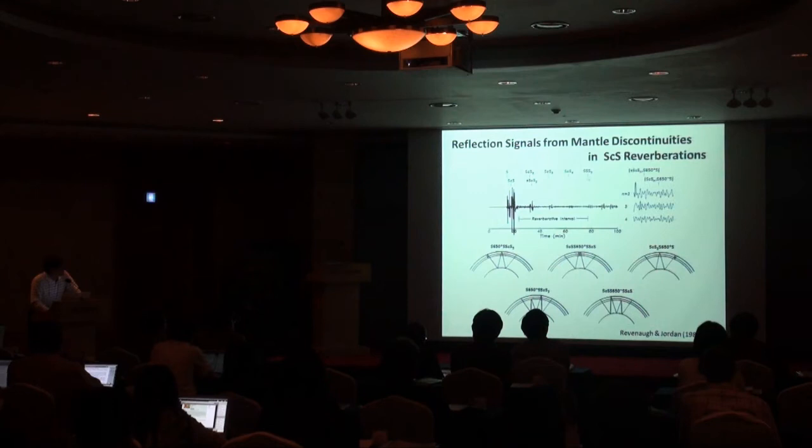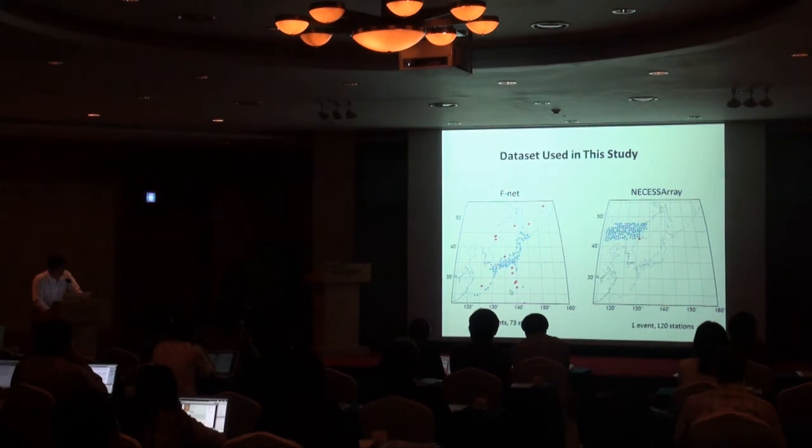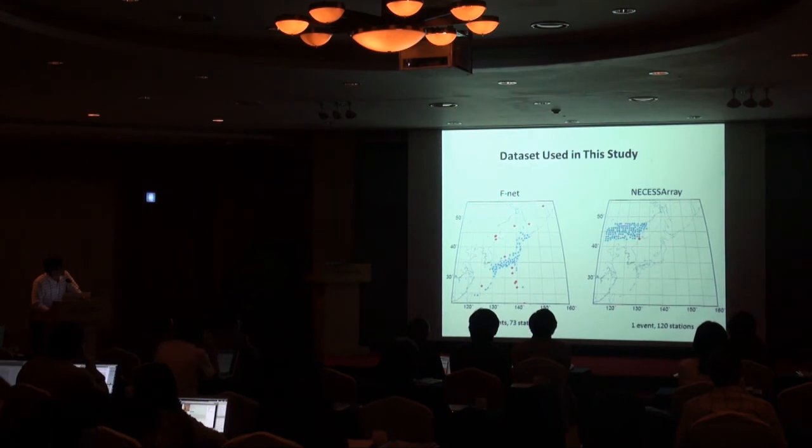For this reason, we used a slightly different approach from the previous studies, and we analyzed what we call SCS reverberation data and tried to map the topography of the discontinuity. And this approach requires very high quality data, and for this reason, most of the data used in this analysis were F-net data. So only in this region, our model has good accuracy.